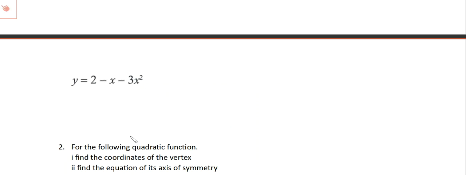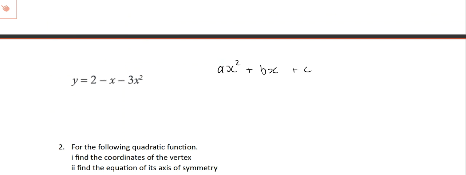Well, remember, the general form of a quadratic is ax squared plus bx plus c.